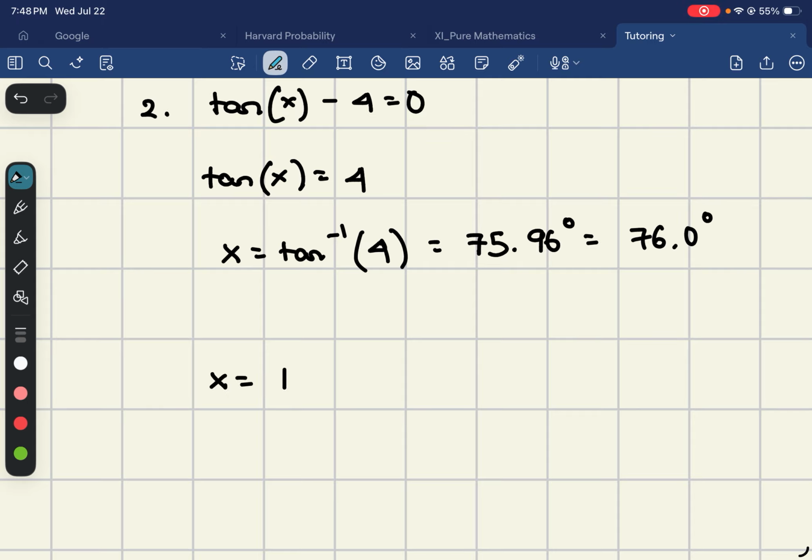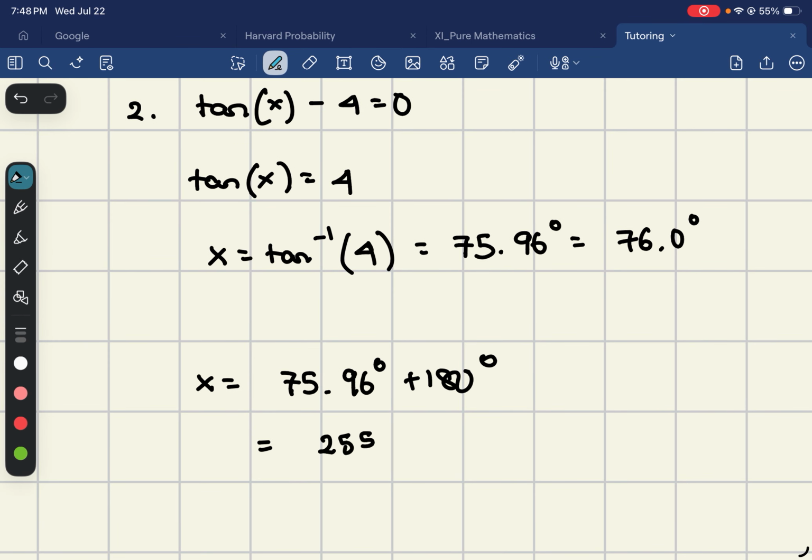And if you watched the previous video, you know that you get the other solution by just adding 180 to your acute angle solution. So your other solution is just 256.0 degrees.